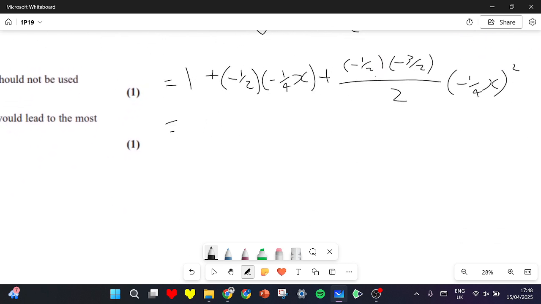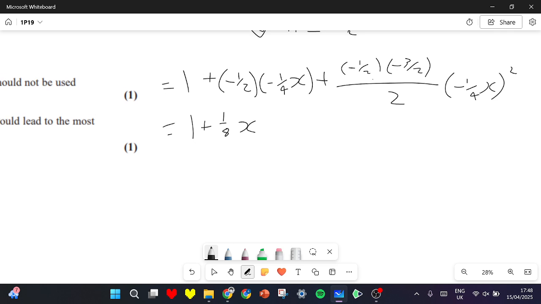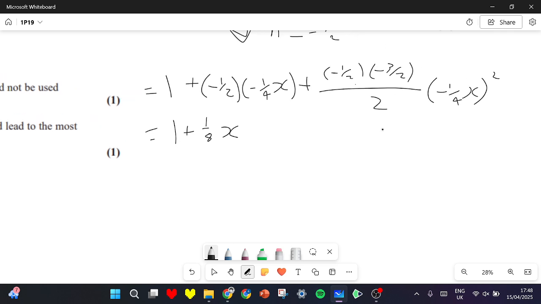Okay, so if you times all these out, you get 1, and then plus 1 over 8x. And then for this one, give me a second, I'm going to use my calculator. Okay. Yeah, for that you'd get plus 3 over 128x squared.